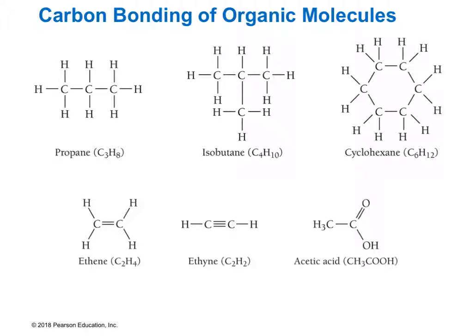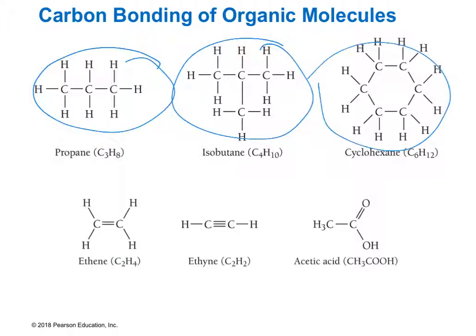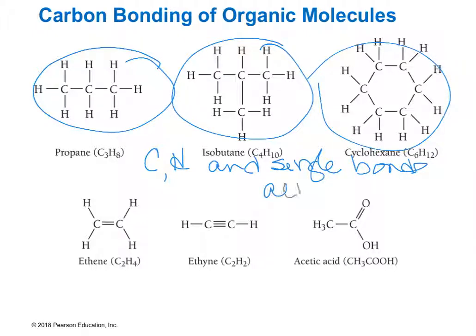If an organic compound is made up of only carbon and hydrogen, okay, so only carbon and hydrogen and all single bonds, no double bonds or triple bonds, they are called alkanes. So I want you to remember that. So propane, isobutane, and cyclohexane, okay?